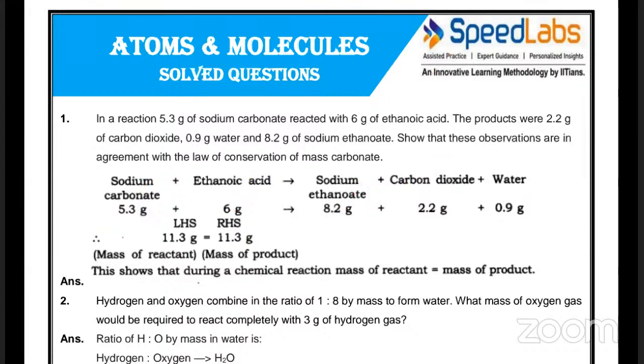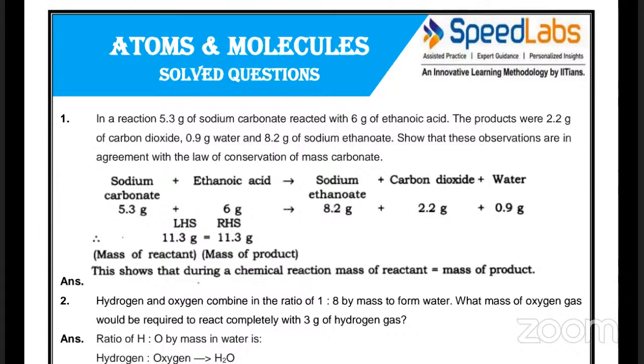So we have already done the law of conservation of mass in atoms and molecules. What this law states is that mass can neither be created nor be destroyed, right? It means the total mass on the reactant side must be equal to the total mass on the product side, right?